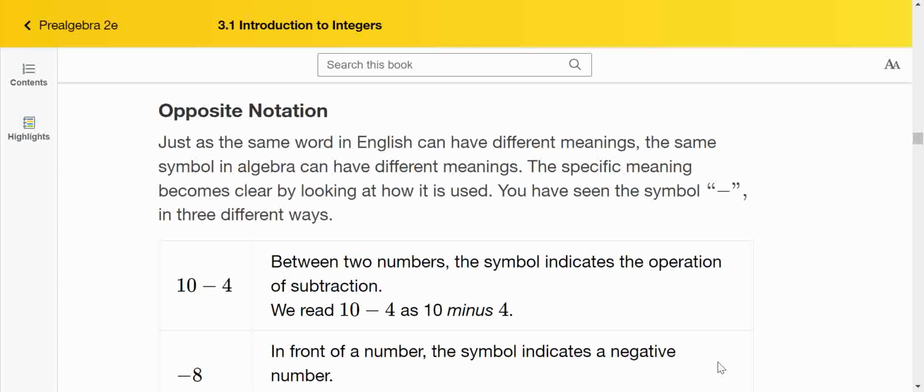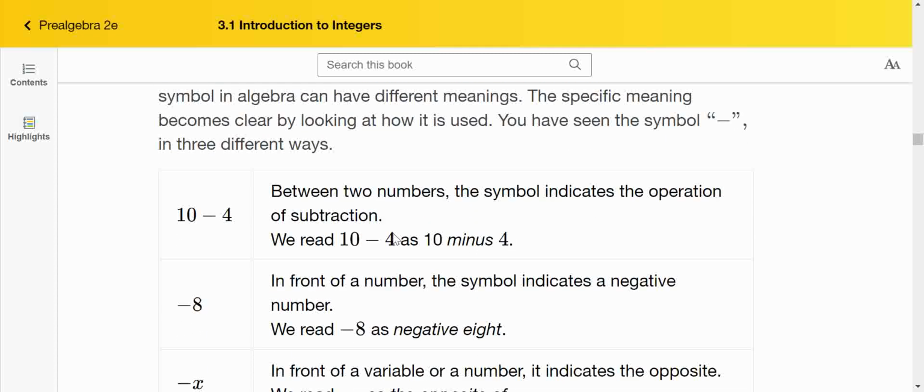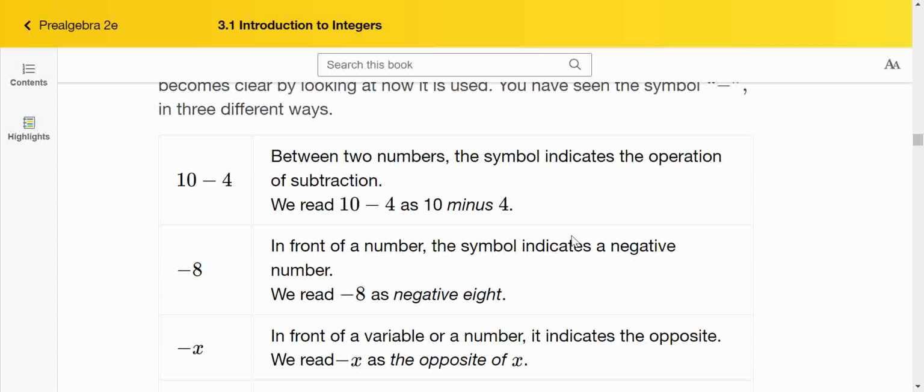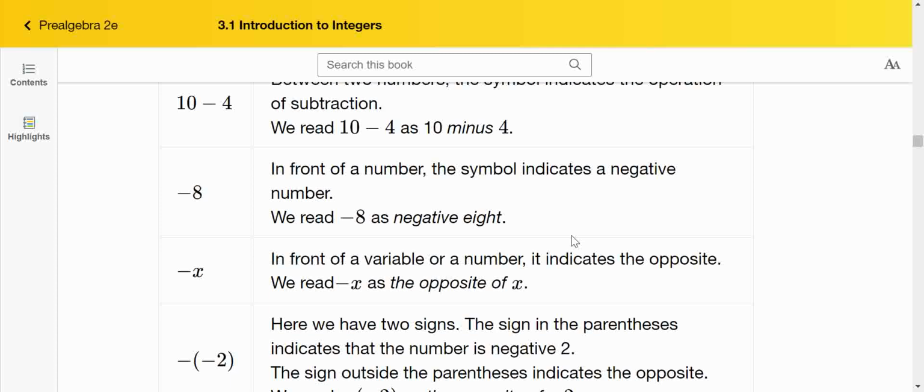You have seen the symbol dash or minus in three different ways. 10 minus 4, between two numbers: the symbol indicates the operation of subtraction. We read 10 minus 4 as 10 minus 4. Minus 8: in front of a number, the symbol indicates a negative number. We read negative 8 as negative 8.